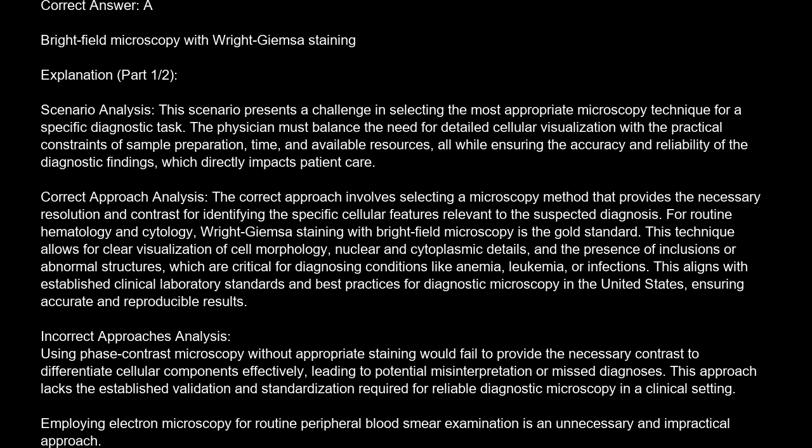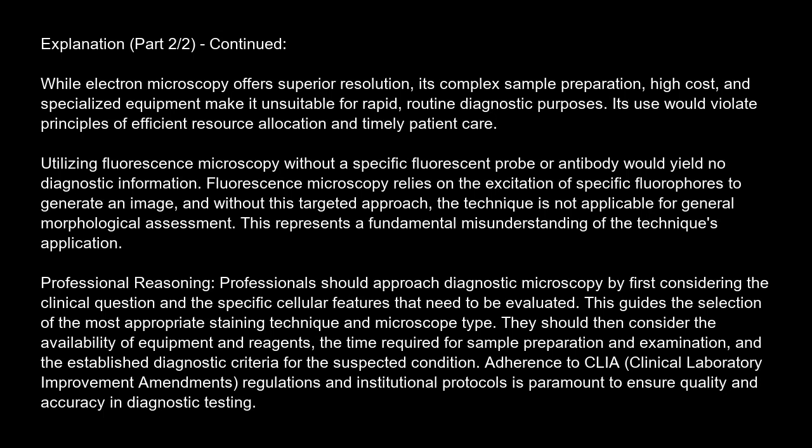Employing electron microscopy for routine peripheral blood smear examination is an unnecessary and impractical approach. Electron microscopy offers superior resolution. Its complex sample preparation, high cost, and specialized equipment make it unsuitable for rapid, routine diagnostic purposes. Its use would violate principles of efficient resource allocation and timely patient care.